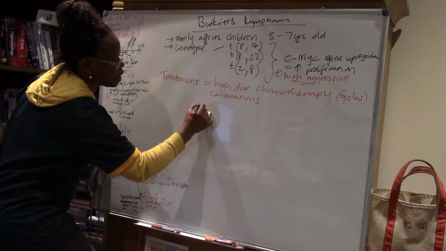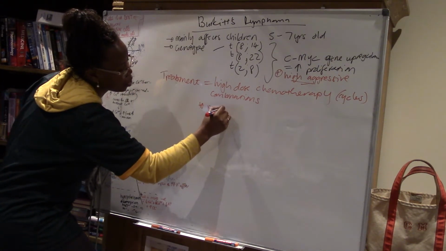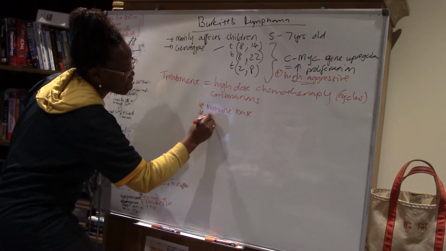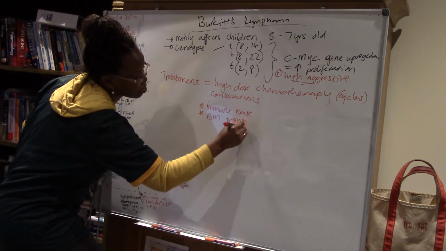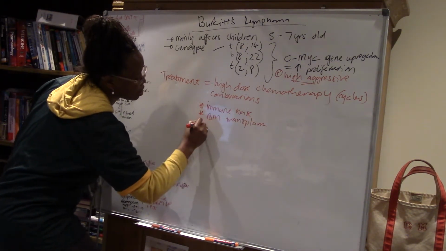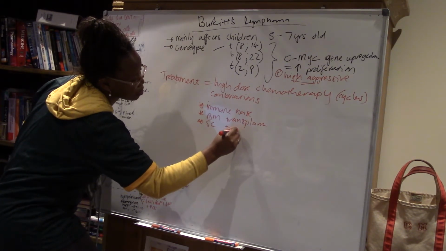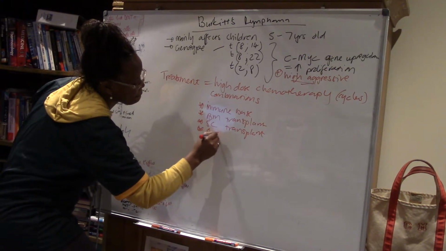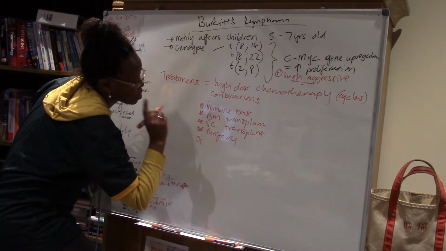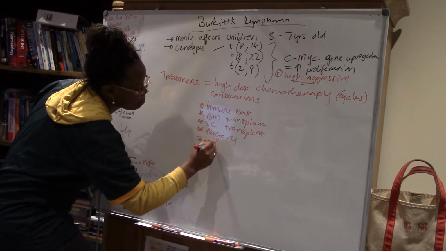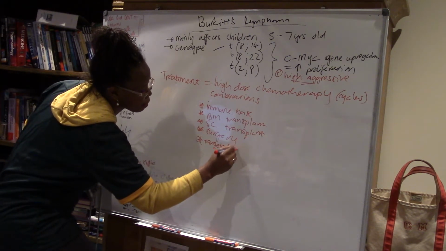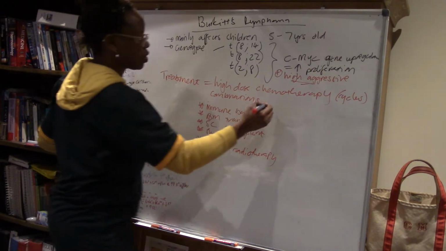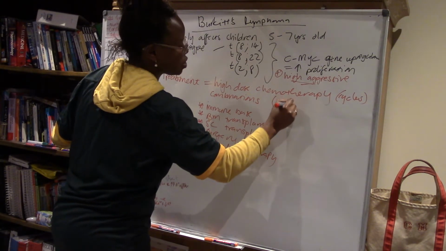Other treatments can also include immune based therapy, bone marrow transplant, stem cell transplant, surgery, targeted radiotherapy, but the most important thing to remember is that chemotherapy is the mainstay treatment really.